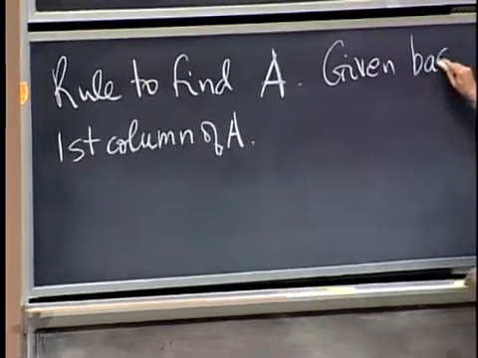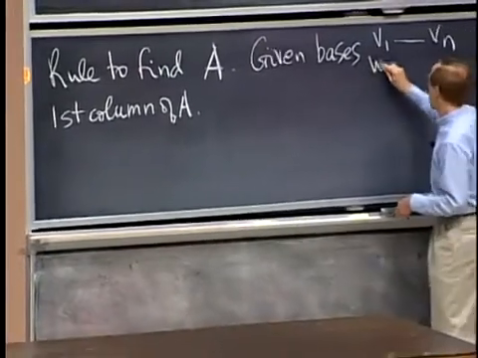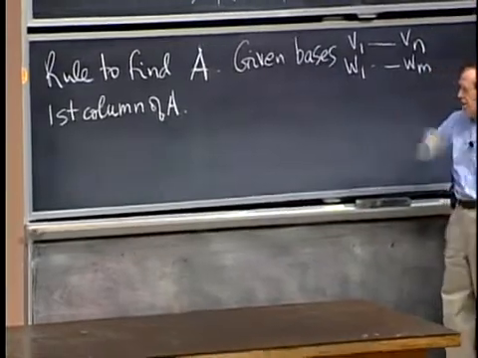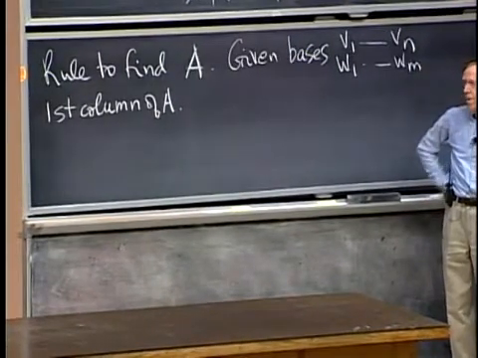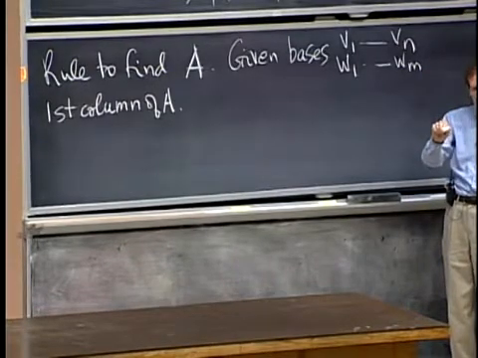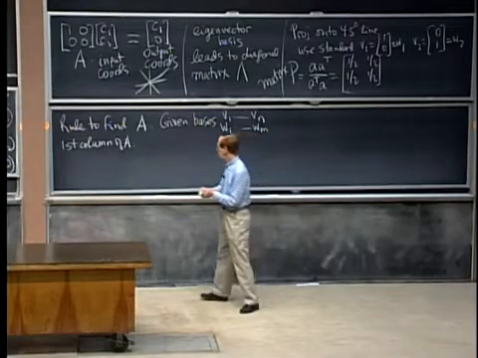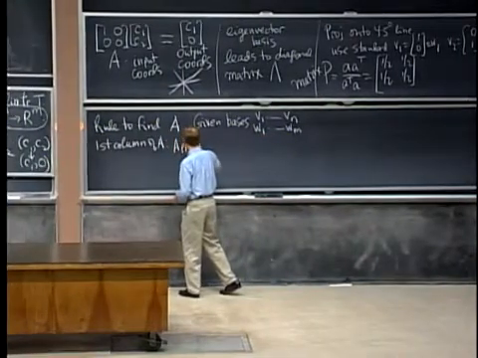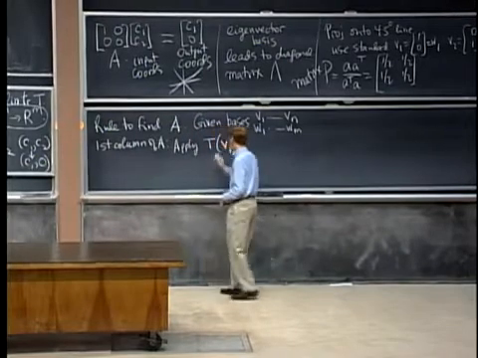So we're given the input basis and the output basis, V1 to Vn, W1 to Wm. Those are given. Now, in the first column of A, how do I find that column? The first column of the matrix should tell me what happens to the first basis vector. So the rule is apply the linear transformation to V1, to the first basis vector.